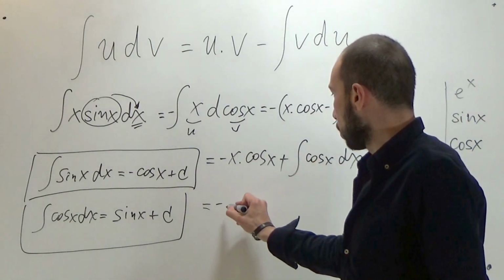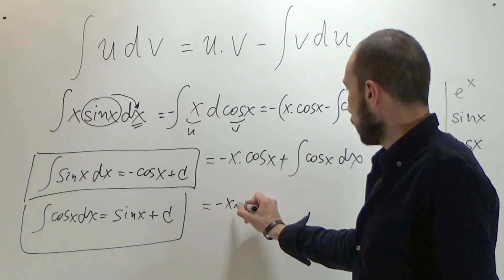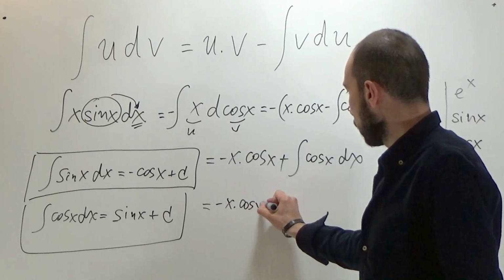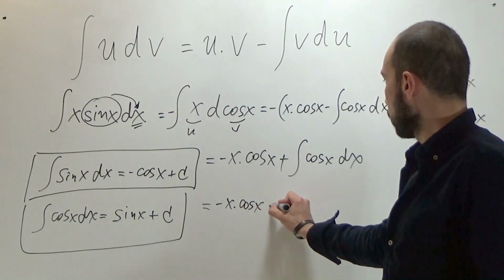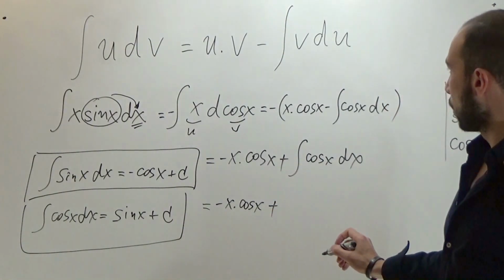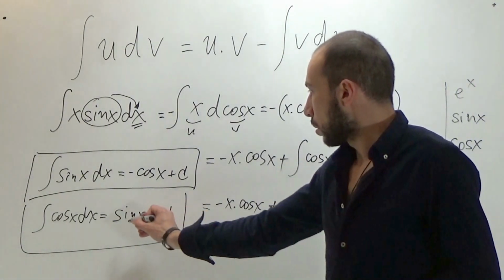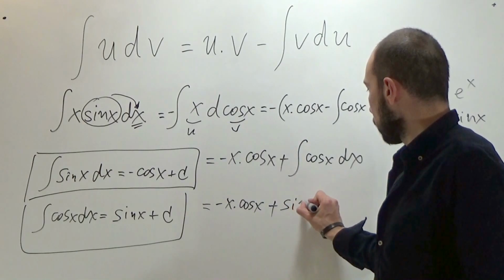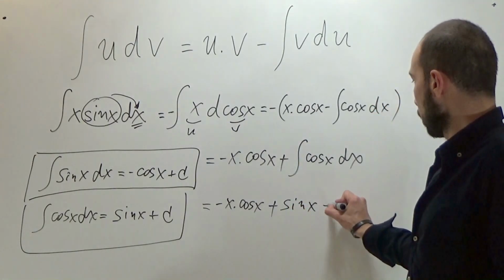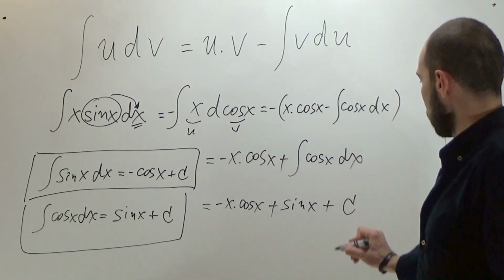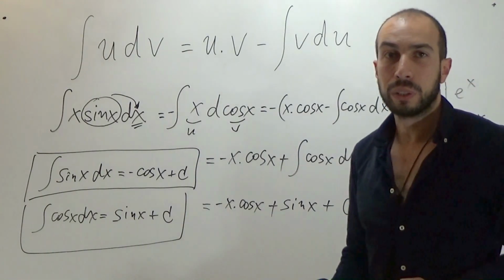This is equal to minus x multiplied by cosinus function plus sinus function plus constant. Okay.